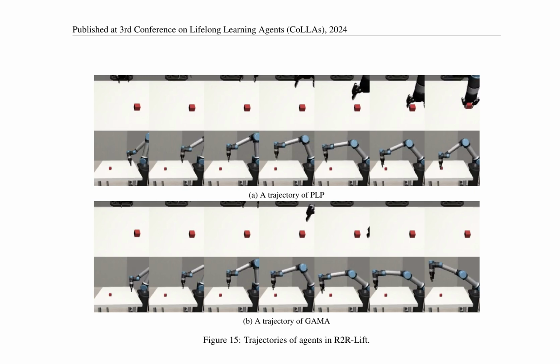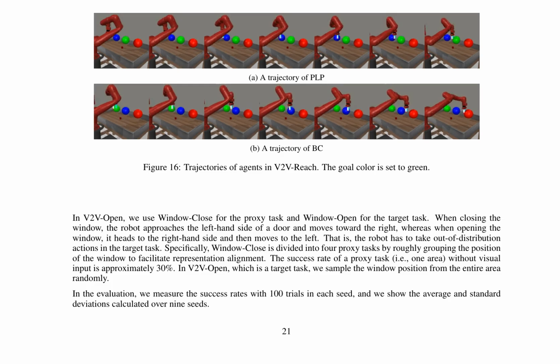Figures illustrating the trajectories of agents using PLP and gamma algorithms in R2R-lift, as well as PLP and BC algorithms in V2V reach, demonstrate the performance of these algorithms in navigating through complex environments and achieving specific goals. The authors also discuss the application of these algorithms in the V2V open task, where the robot is required to perform out-of-distribution actions by closing and opening windows.